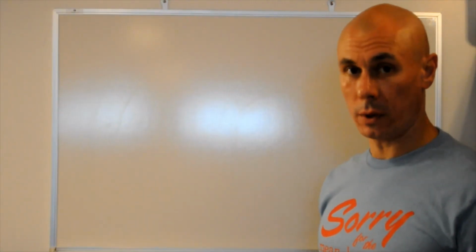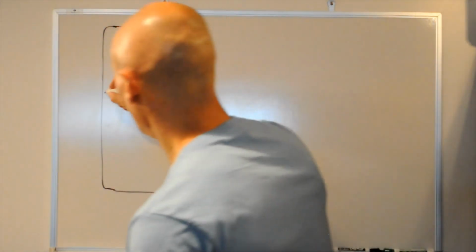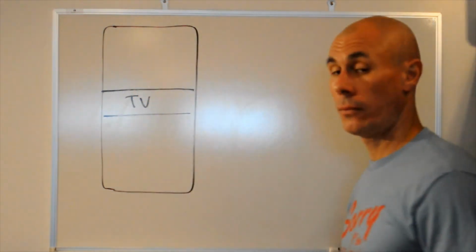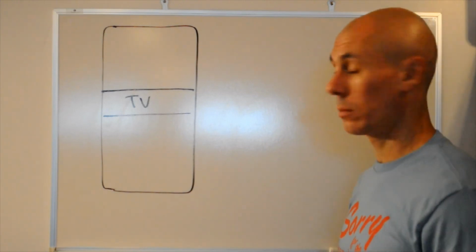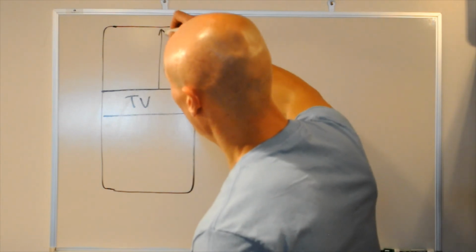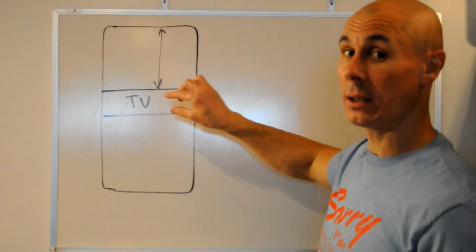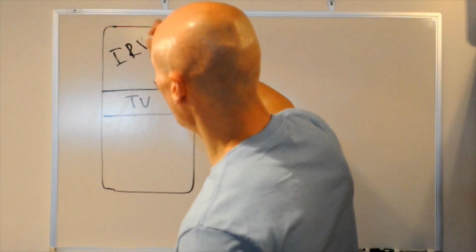A few words about the lung volumes and lung capacities. So let's draw the lung first. That's a schematic lung. So this is your tidal volume, the volume that you breathe in and out during normal respiratory process. The volume that you can inhale on top of your tidal volume is inspiratory reserve volume.